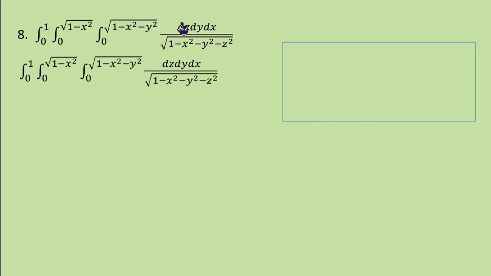Then, the integral of dz by root a square minus z square is sin inverse z by a. From the PUC formula, you know that the integral of 1 by root a square minus z square with respect to z is sin inverse z by a. Treat a as root 1 minus x square minus y square.